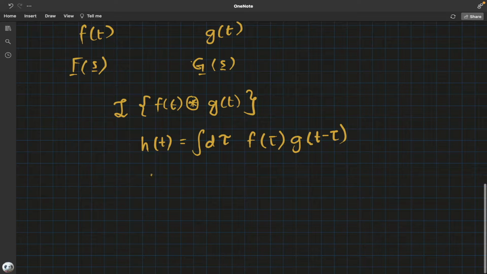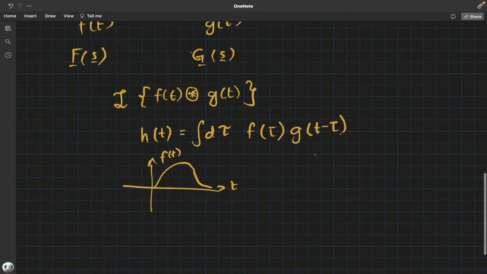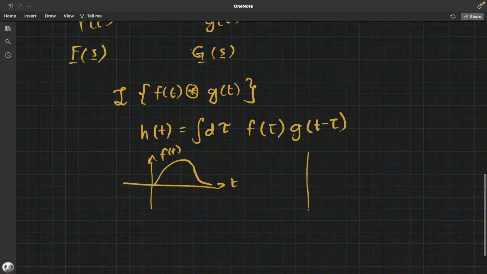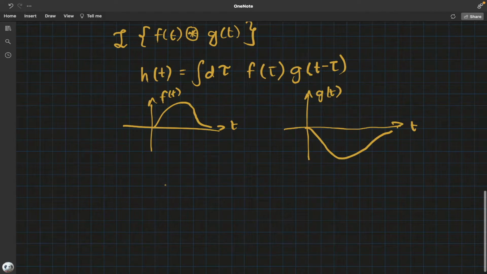If you have f of t that's something like this, and g of t, that's like that.